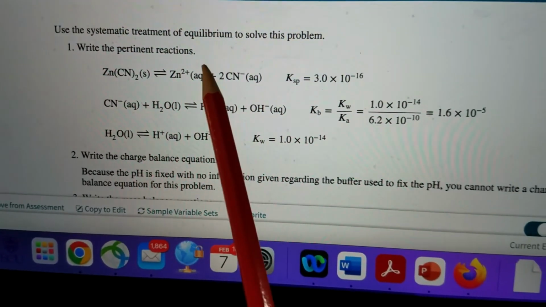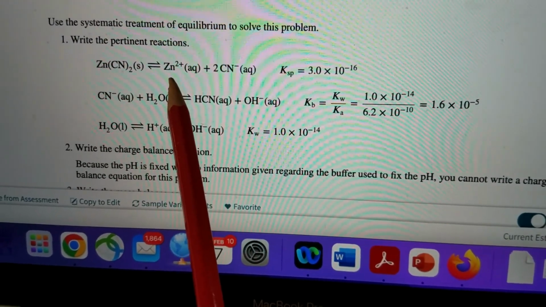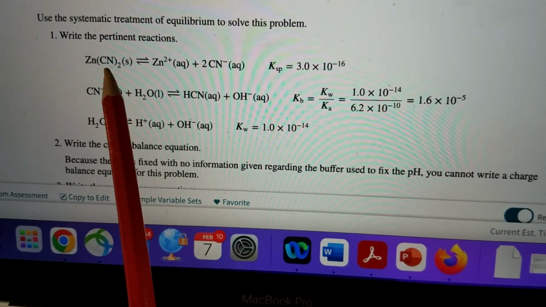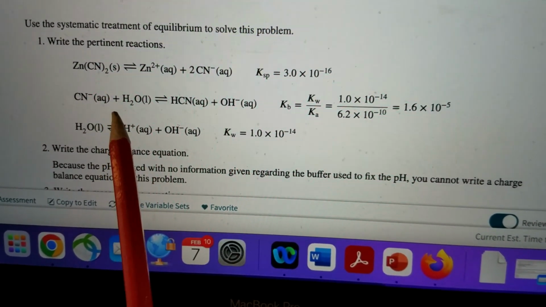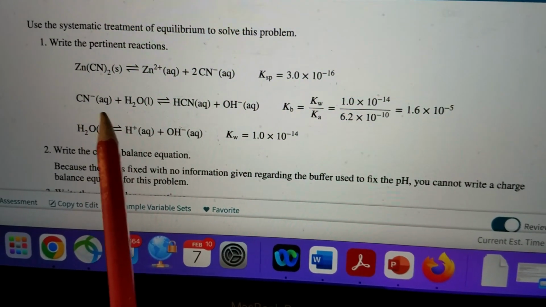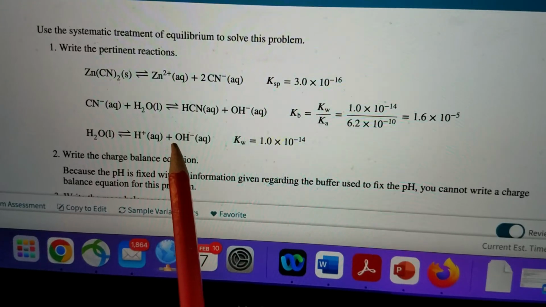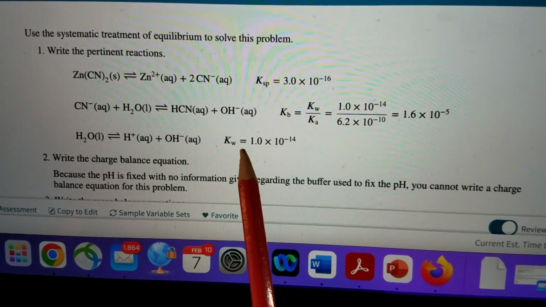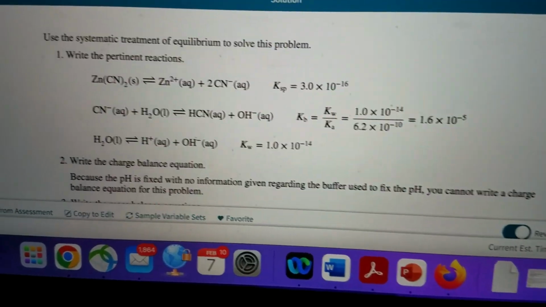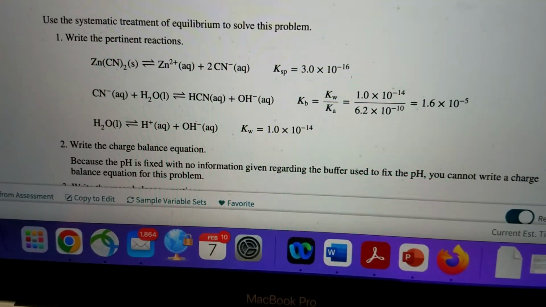First, this is the Ksp reaction of zinc cyanide. The second one is the Kb reaction of cyanide ion forming hydrogen cyanide. The third one, since it's in aqueous solution, is Kw, which should always be involved. So those three reactions.